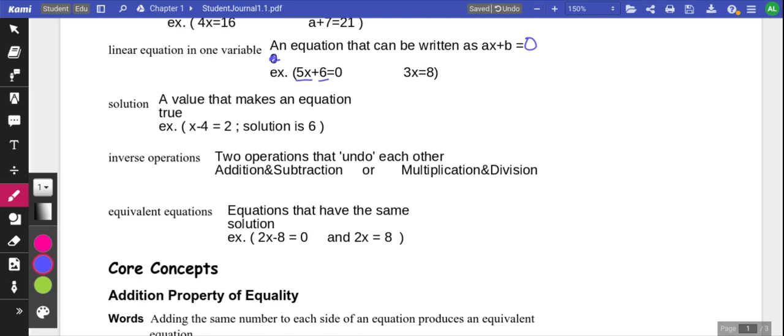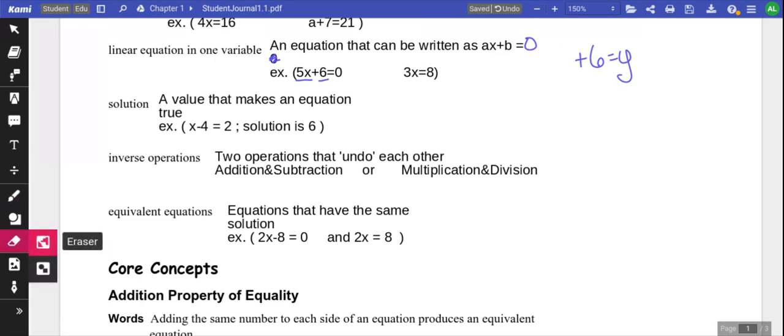That means it's in one variable. You're probably familiar with an equation in two variables, which would look something like this, but we're not quite there yet. We're just solving in one variable so we can find the solution, and that solution is a value that makes the equation true.